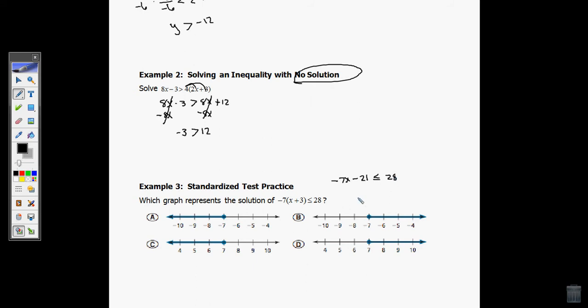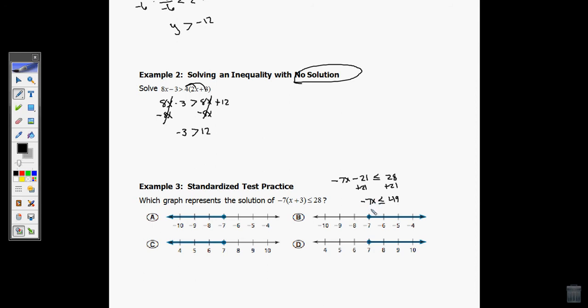Now, again, I need to try and collect all of my numbers together on one side and all of my variables together on the other side. So I'm going to add 21. When I do that, I get 49 on the left side. Still, the sign hasn't changed, and negative 7x is by itself.